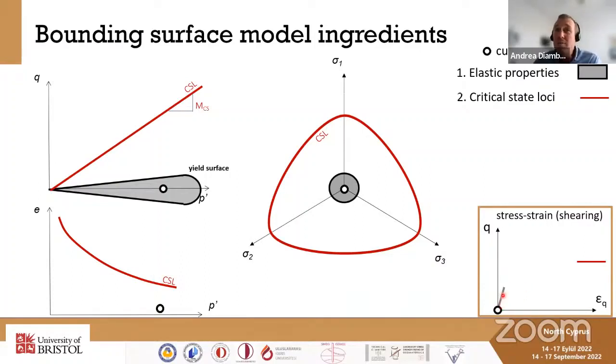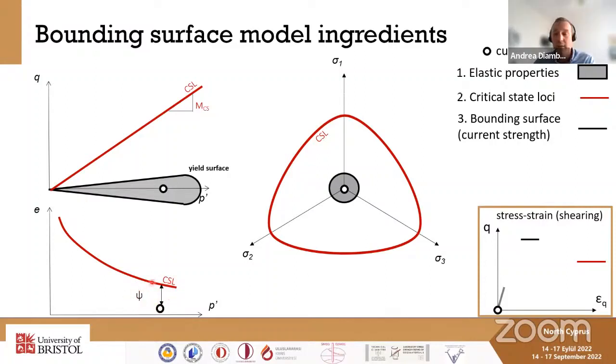Then we know that most of the time, we don't go straight from the initial stiffness to the final target, but we have some intermediate strength, and that is where the bounding surface comes into play. The bounding surface is basically our measure of the current strength, so the strength we get for some specific condition. So it's basically an intermediate target that depends on our density, our state parameter.